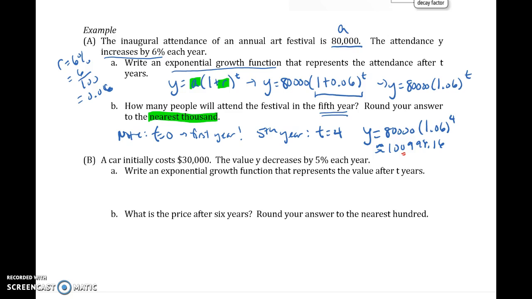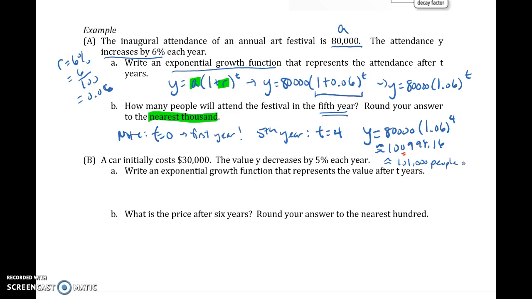So let's round up because the number after that is 9. So this is going to be about 101,000 people. I ran out of space to write my sentence, but you'd want to finish your sentence off by saying there would be about 101,000 people attending in the 5th year.